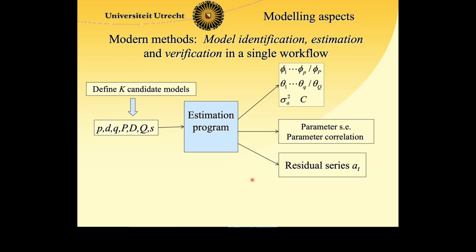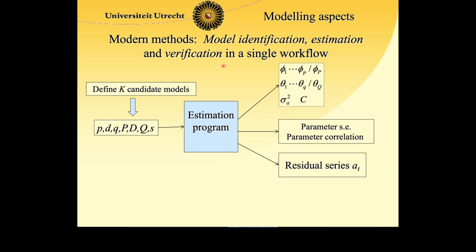So this is basically how you do model identification: what order of model do you want? Then model estimation, estimating the parameters, and also verifying if it's a correct model.